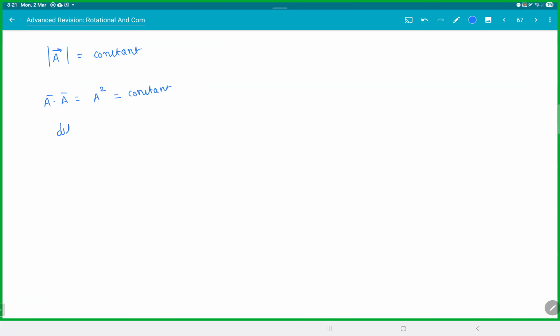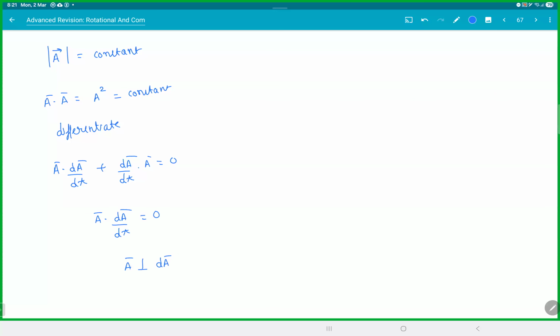Differentiate on both sides. This will be a bar dot dA bar by dt, which is a mathematical way of showing dA bar by dt dot a bar is equal to 0. This means a bar is perpendicular to dA bar.